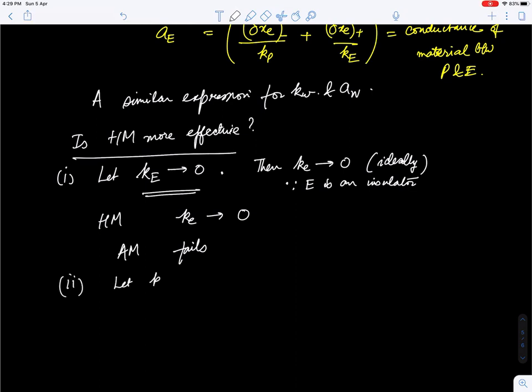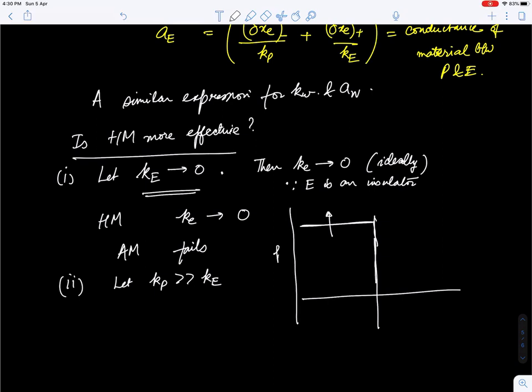That is the first scenario. Let's look at the second scenario. Let the Kp value be much more than Ke, but Ke is not 0. So this is like saying that you have a very highly conducting material, and then suddenly it changes into a regular material. So if I could again plot K, one material is extremely conducting, with very high conductivity going towards infinity.